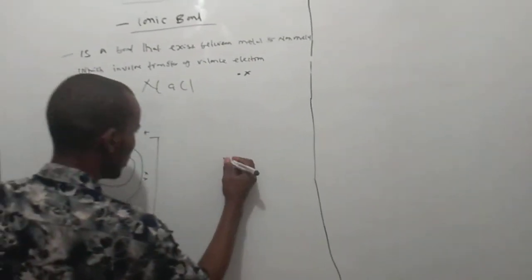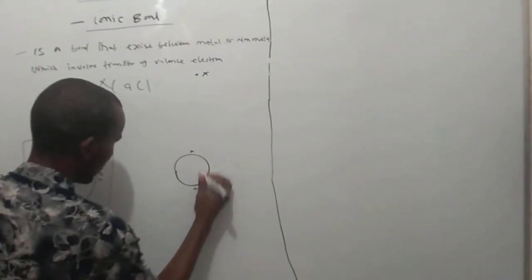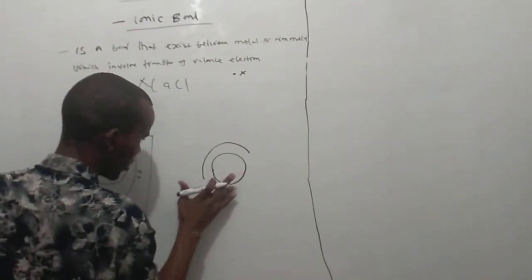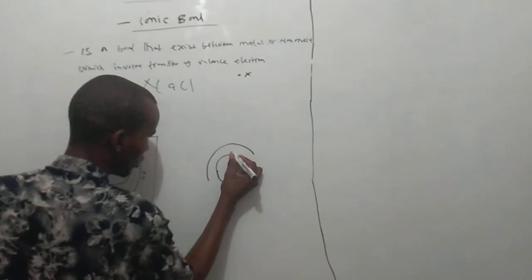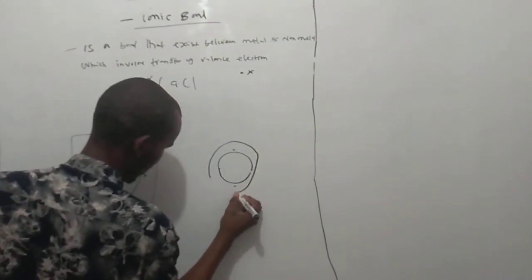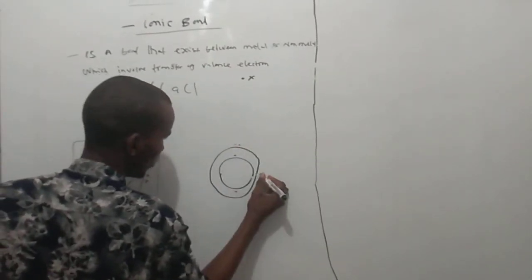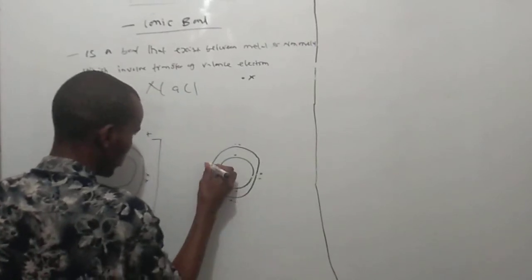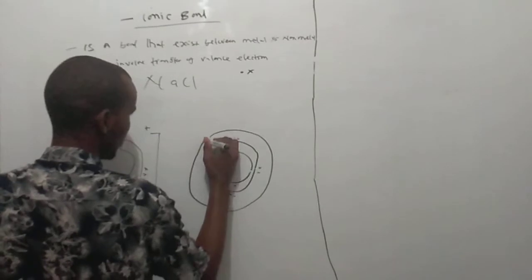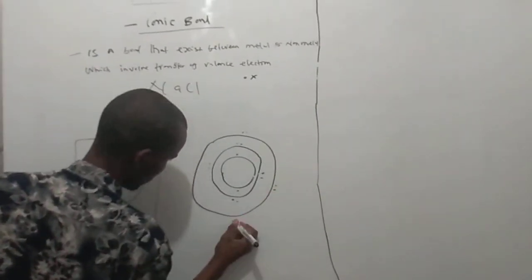Now let's have the chlorine 2, 8, 8. Let me use the dots. Here we have 2, 2, 2, and then lastly we have another 2.